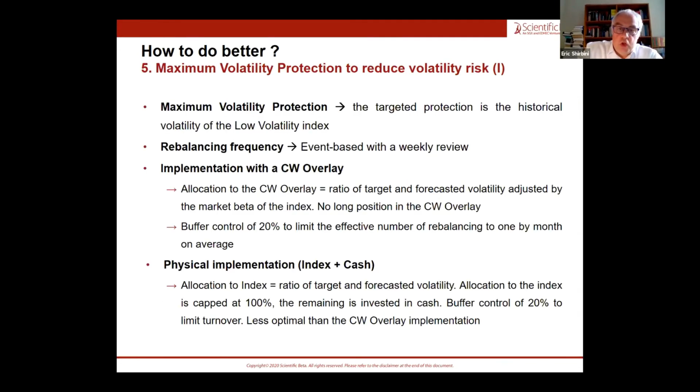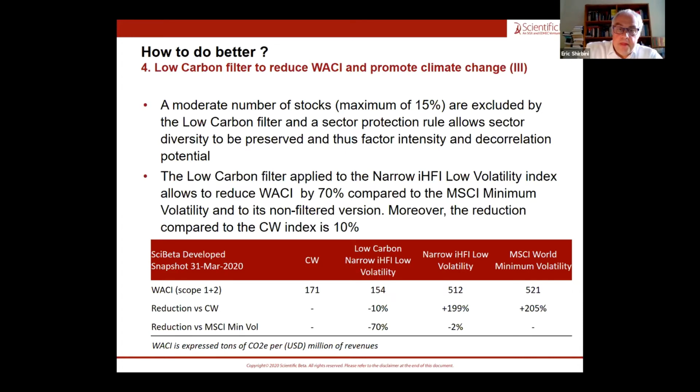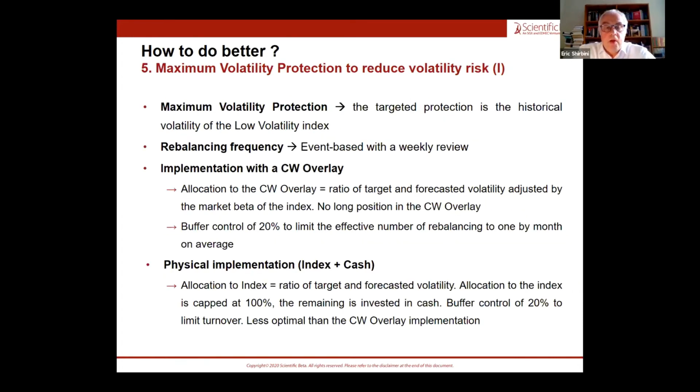So let me now turn to the fifth drawback of defensive strategies, which, as we noted before, is that defensive strategies are not really defensive when you want them to be defensive, when you get a spike in volatility, which typically happens during a crisis. So what we want to do is protect the volatility of our defensive strategy.